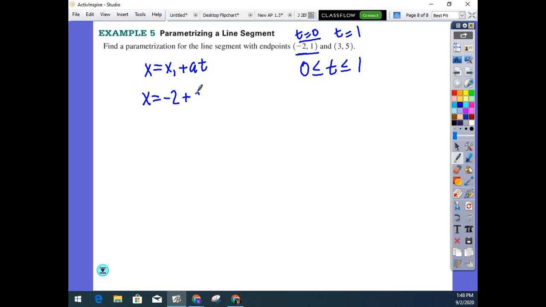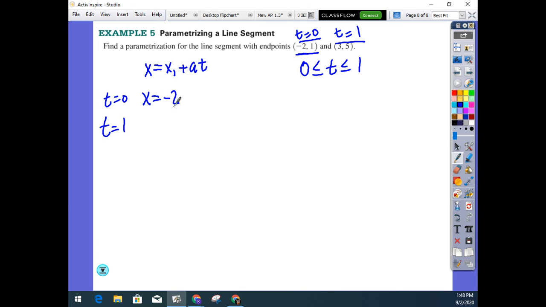So what I'm going to do, let's move forward. We need to figure out what is a, so then I'm going to plug in when t is 1. Okay, let me do this because you might be confused. This is when t equals 0, x equals negative 2. Now let's write an equation for t equals 1.